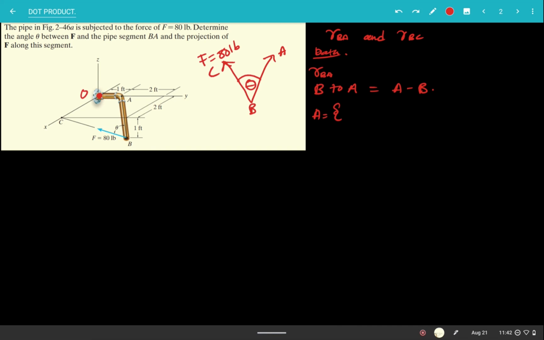Therefore, it has no position in the x, so that's 0 in the i, and it has one position in the j, in the y, so plus 1 in the j, and it has no position in the z, so plus 0 in the k.